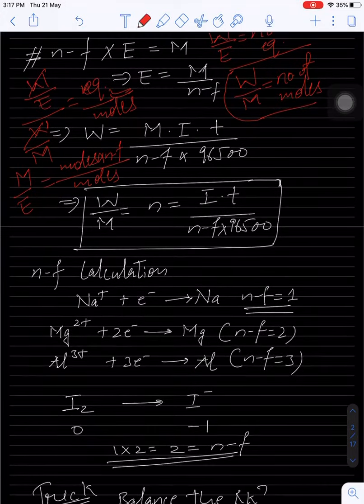That becomes equal to n factor, as moles cancel from numerator and denominator. So molar weight equals equivalent weight into n factor. Now remember it: molar weight equals equivalent weight into n factor.